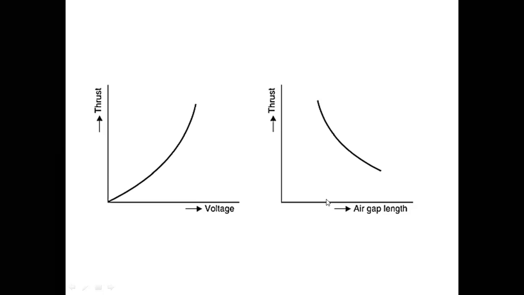If it has the air gap length at this point, the thrust force should be this much. But whenever the air gap length value increases further, then the thrust force decreases drastically. It decreases further with respect to the increase in the air gap length.